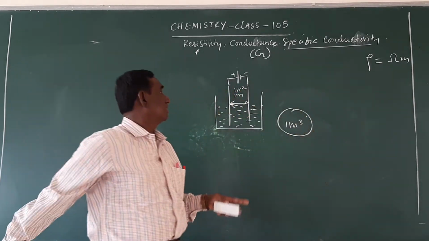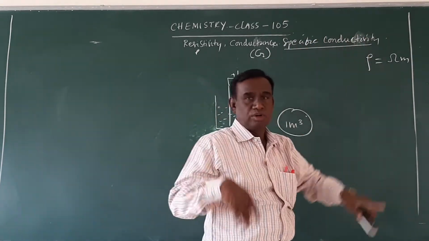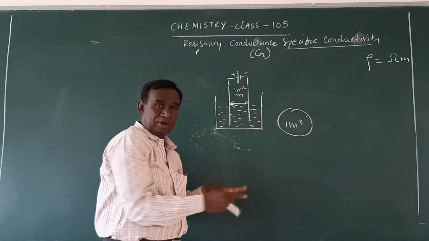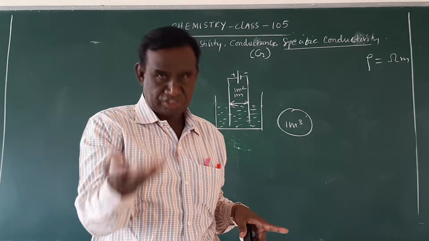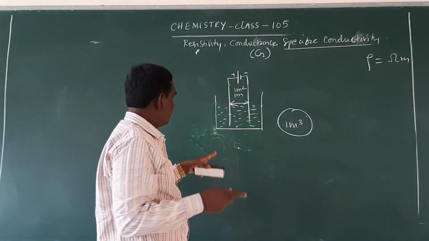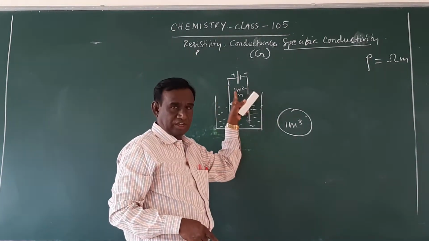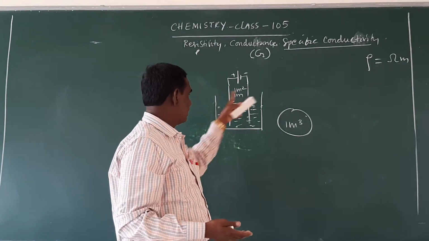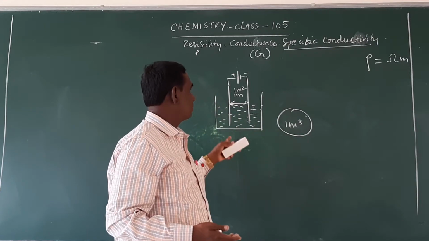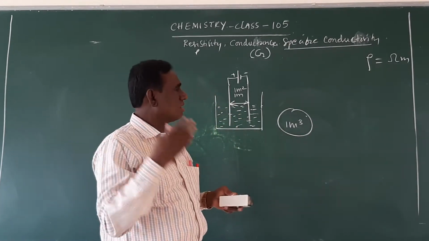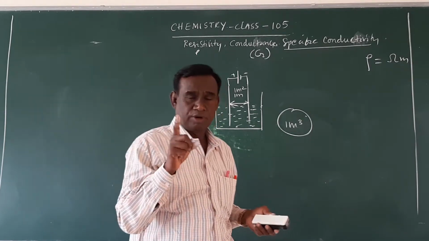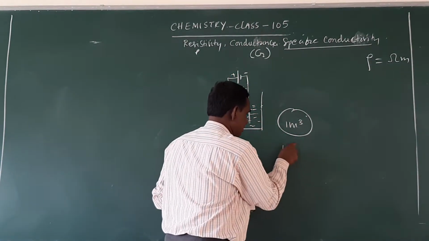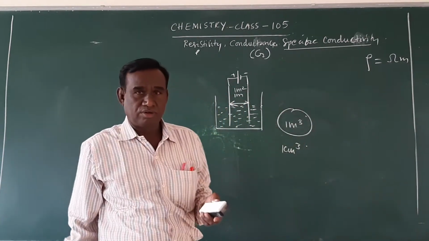Therefore, specific conductivity is the conductivity produced by all the ions present in between two electrodes separated by 1 meter or 1 centimeter, with area of cross section 1 meter square or 1 centimeter square. That is, the conductivity produced by 1 meter cube or 1 centimeter cube of the solution.